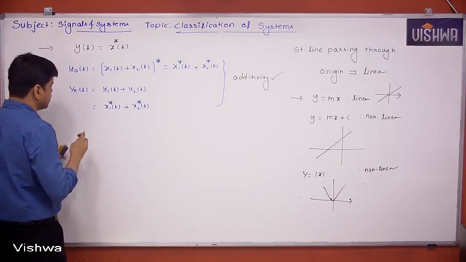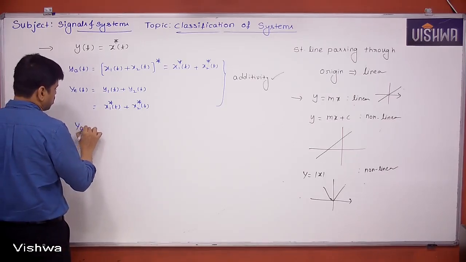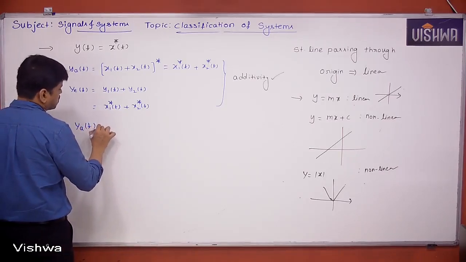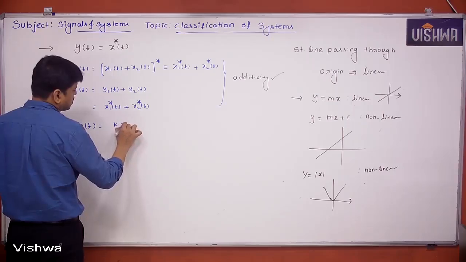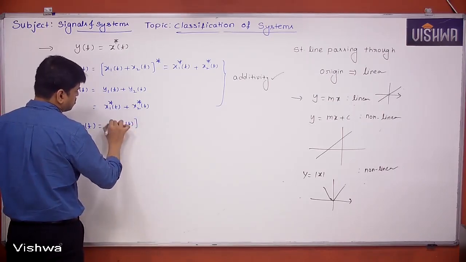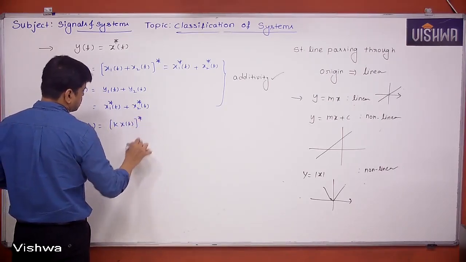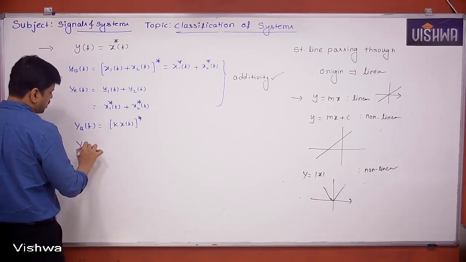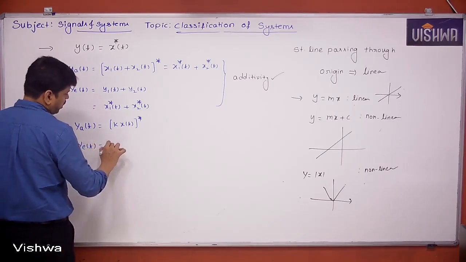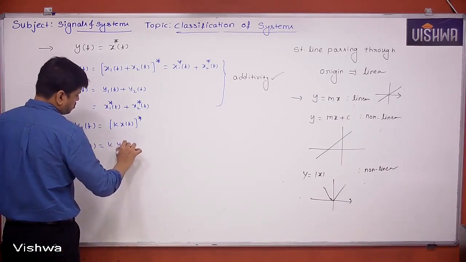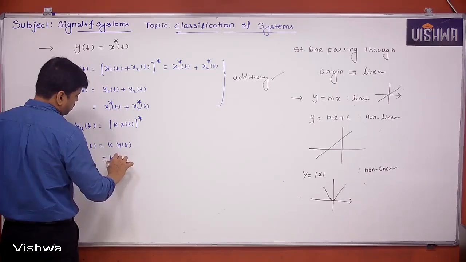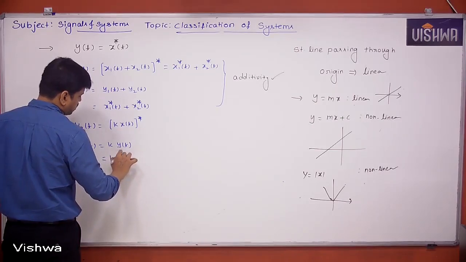In the homogeneity, what is the actual output? x is replaced with kx. Next, what is the expected output? It is ky of t, which is k x of t conjugate.